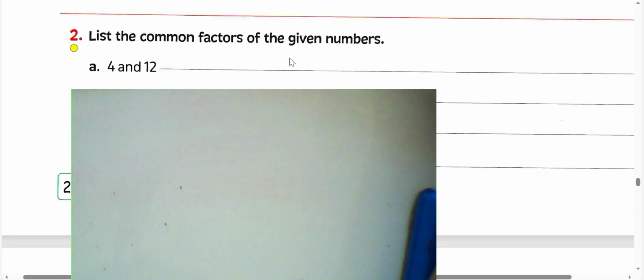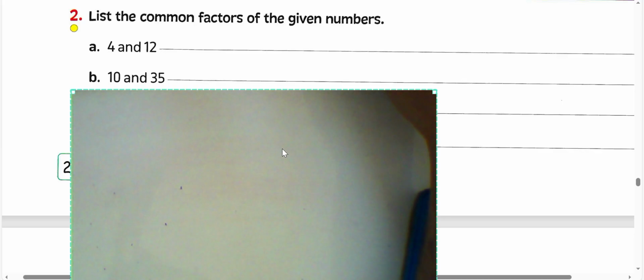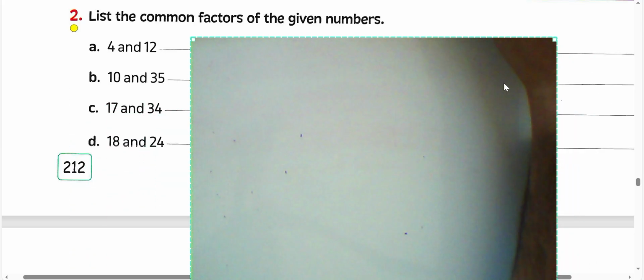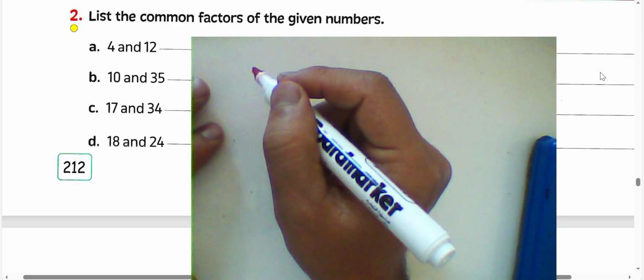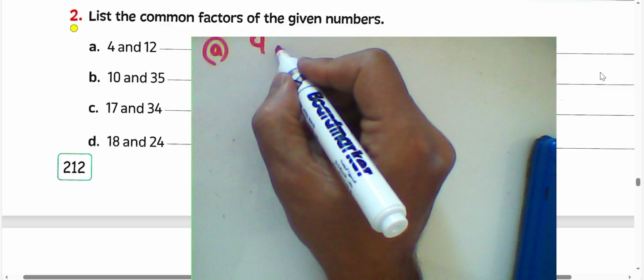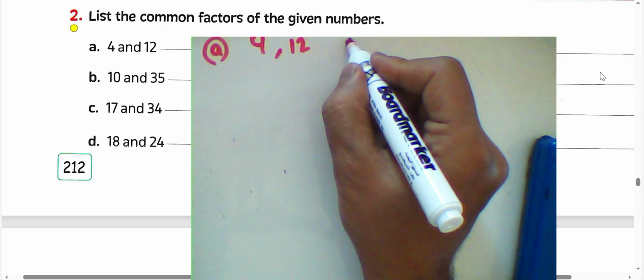Next question. List the common factors of the given numbers. You want to find the list of common factors between 4 and 12. Question 4, letter E, 4 and 12. We want to find all common factors, not the greatest common factor.